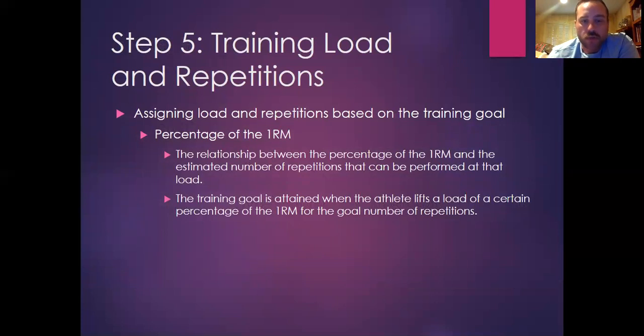The relationship between the percentage of the 1 RM and the estimated number of repetitions, making sure that those fit. You can always go about 1 to 2 repetitions over it. Like I said, if you wanted to go 90% and tell me to go for 6 reps, I'm okay with that. That falls in line.